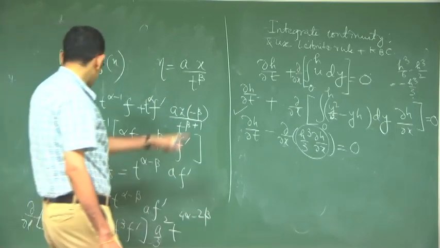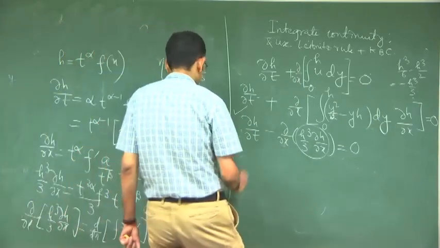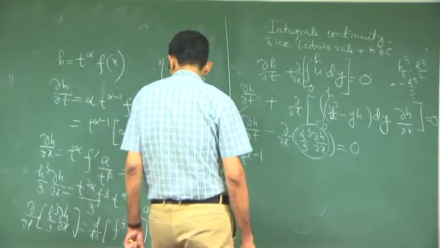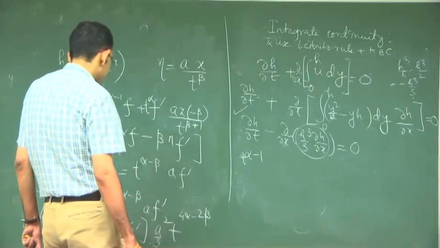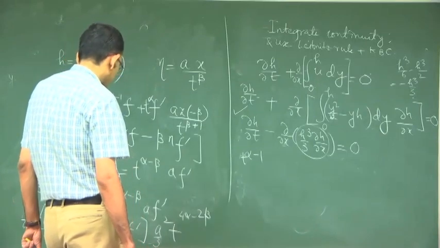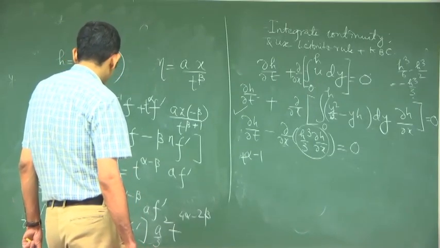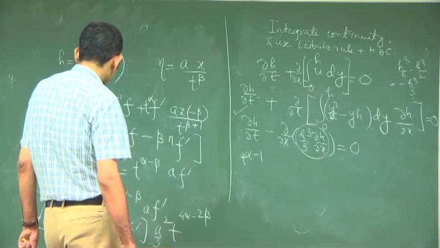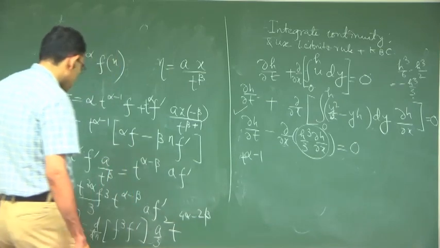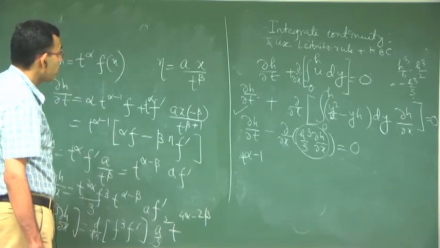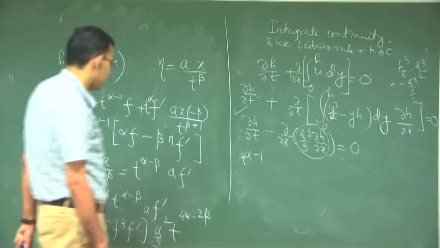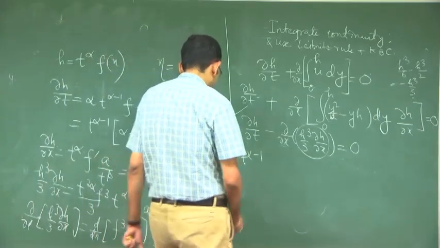So, this equation boils down to t to the power alpha minus 1, right hand side also there is, okay t to the power alpha minus 1, right hand side is t to the power 4 alpha minus 2 beta.